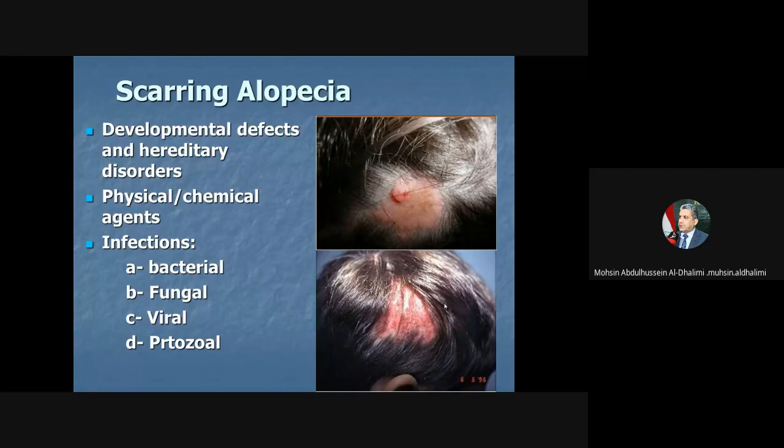Infections, in the early conditions, we see them in non-scarring alopecia. But if left without treatment, they may end with scarring alopecia. So early treatment of infections in the scalp prevents scarring.